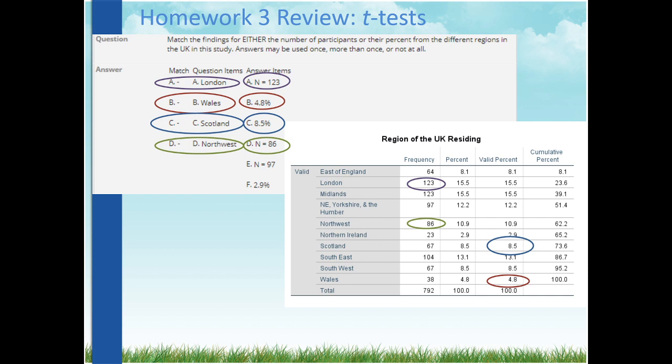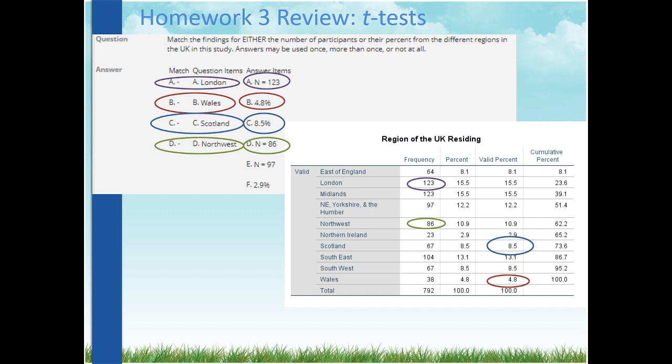So London, in this case, when you're looking at 123, you have the option of either the London or the Midlands, but the Midlands wasn't on our list. So you had the choice in looking at 123 or looking for 15.5. Well, 15.5 isn't on the list, but the 123 is.